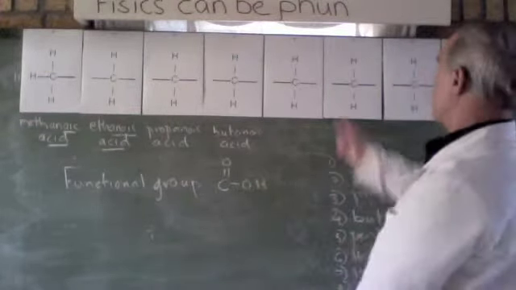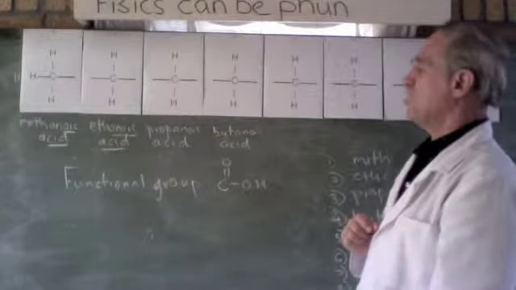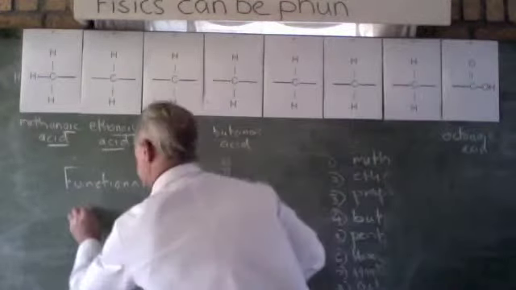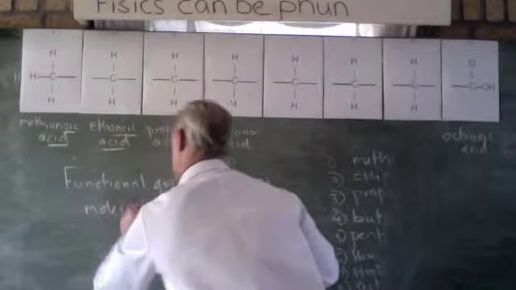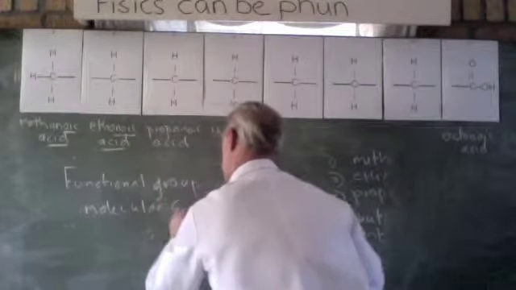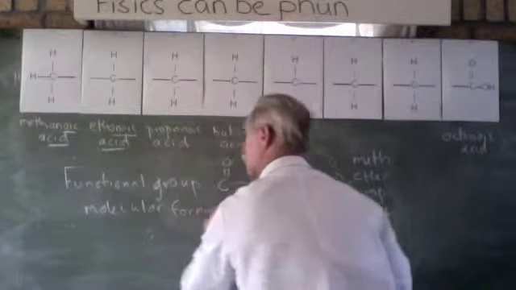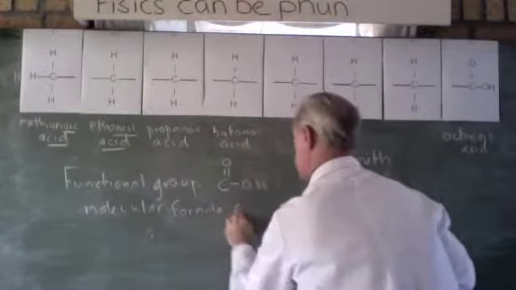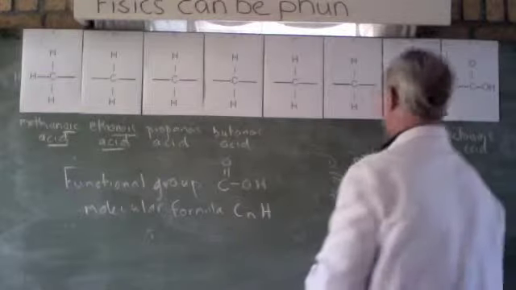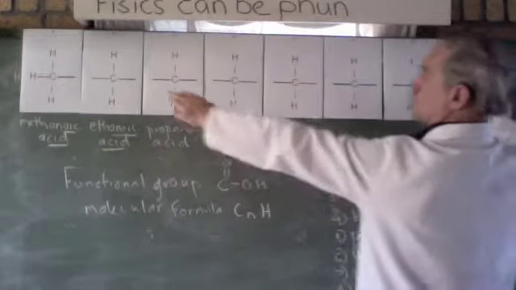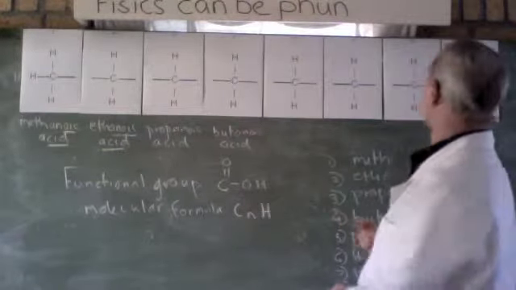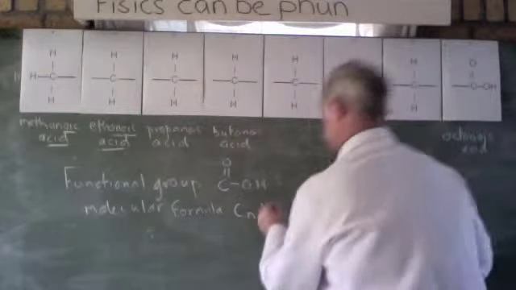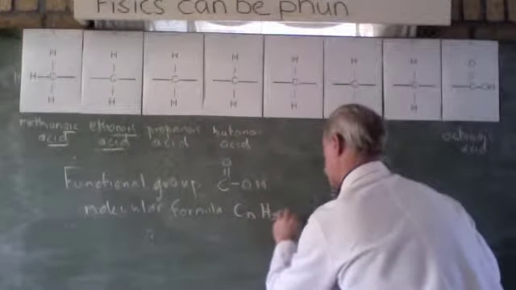And if we were to look at their molecular formula, we would say that they would have CnH2n plus 2, and then O2.